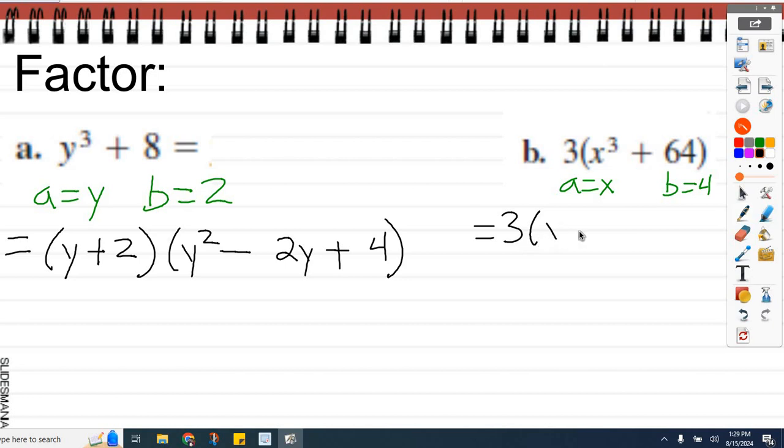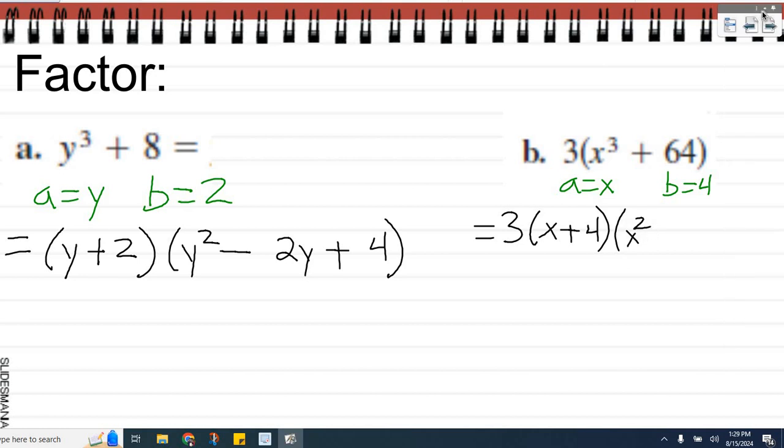X plus 4. And then our second factor, we have x squared, and then what sign? Minus 4x plus 6. So that would be my answer.